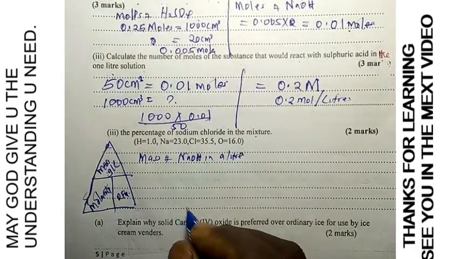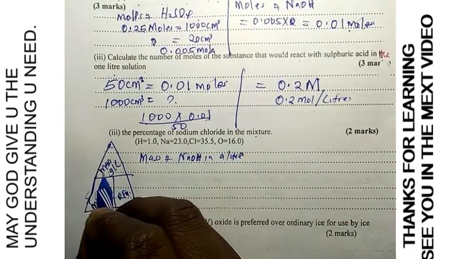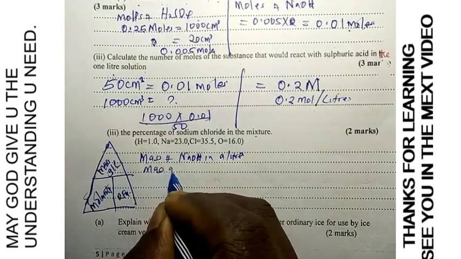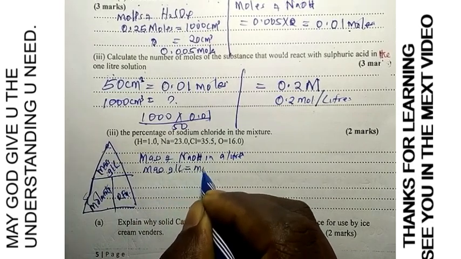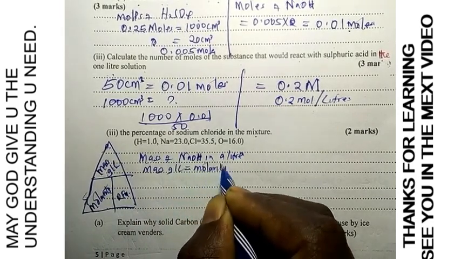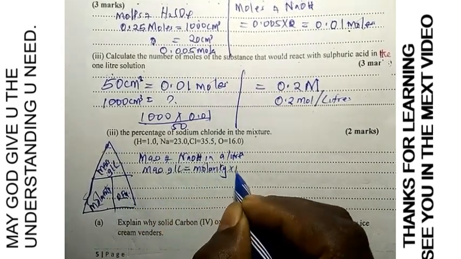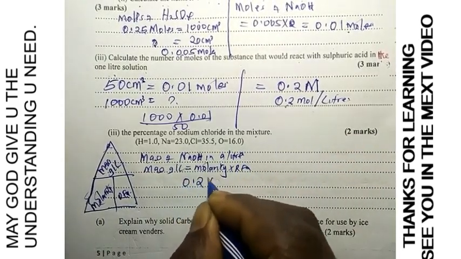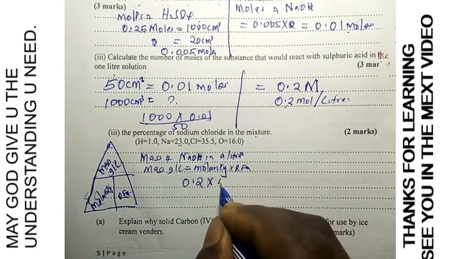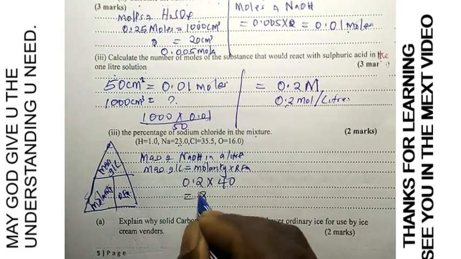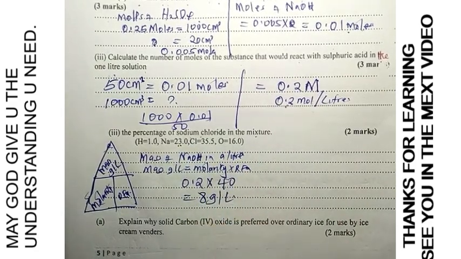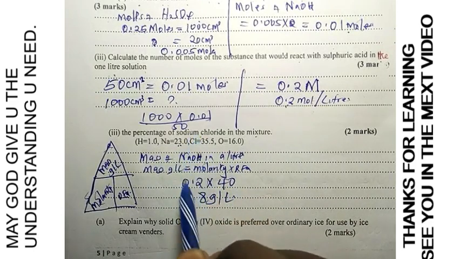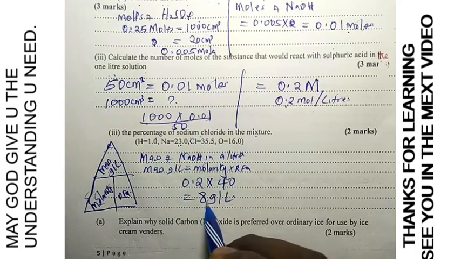First, how do we get that? Mass of sodium hydroxide in grams per liter. So mass in grams per liter is equal to molarity times RFM. Molarity we obtained here, which is 0.2, and the RFM of sodium hydroxide is 40. This one gives us 8 grams per liter. So it means that the sodium hydroxide in the mixture contained 8 grams.